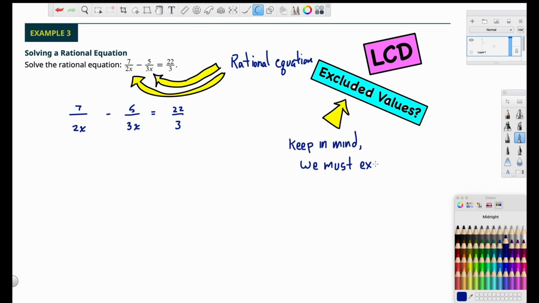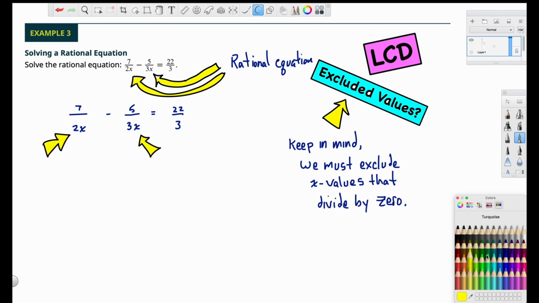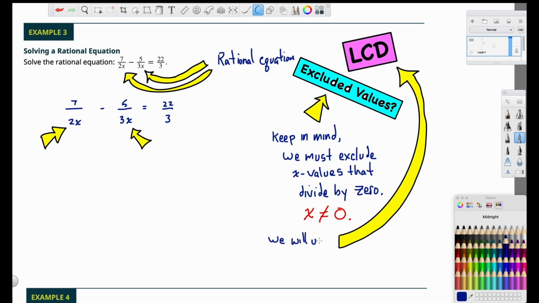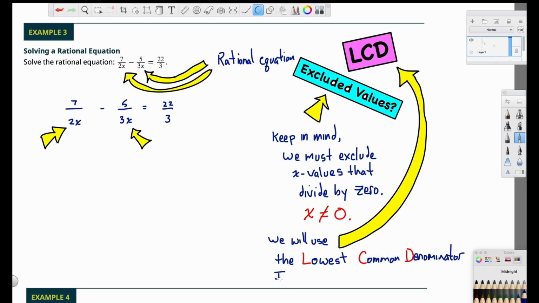When we divide by a variable, we must make sure that we're not dividing by 0. So x cannot be 0 in this case, because that would cause a divide by 0, and that we cannot do in math. So we will use the lowest common denominator to clear these fractions.